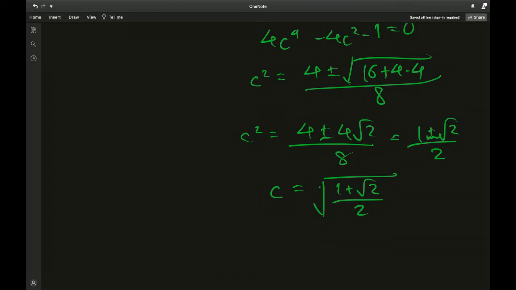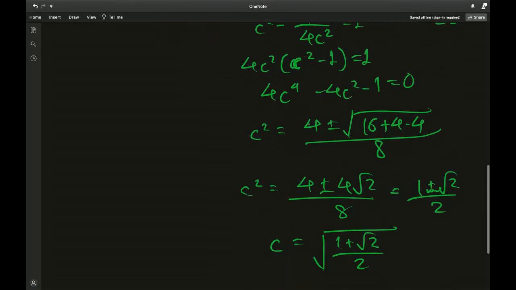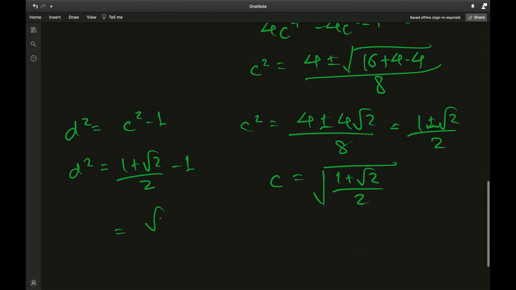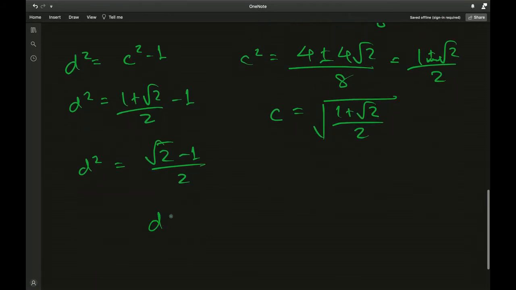Okay, and then using this c squared back into this, we will have d squared is c squared minus 1. So d squared is 1 plus square root 2 over 2 minus 1, which will become square root 2 minus 1 over 2, that is d squared precisely. d is square root of square root 2 minus 1 over 2.